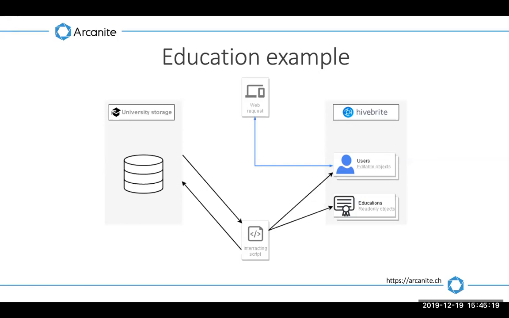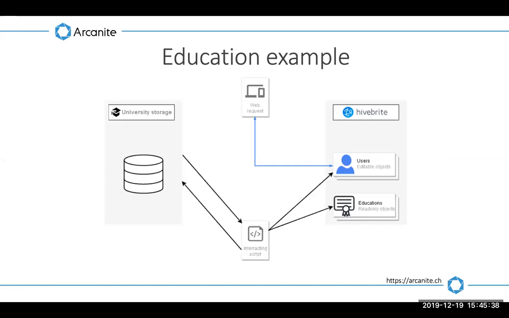This is represented on screen by the blue arrow between web request and the user's objects that are on the Hivebrite website. It signifies that users can directly edit their own data if they want.